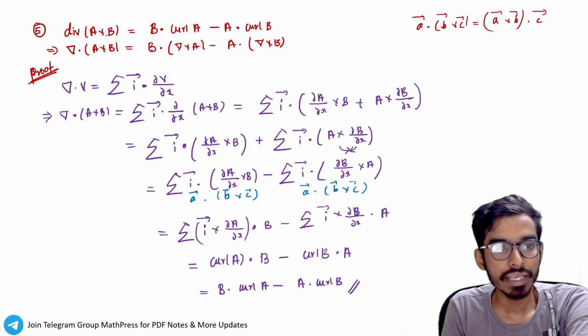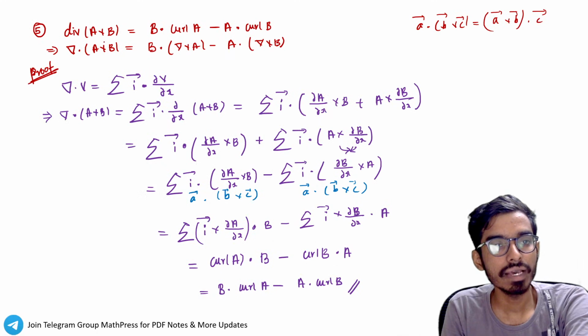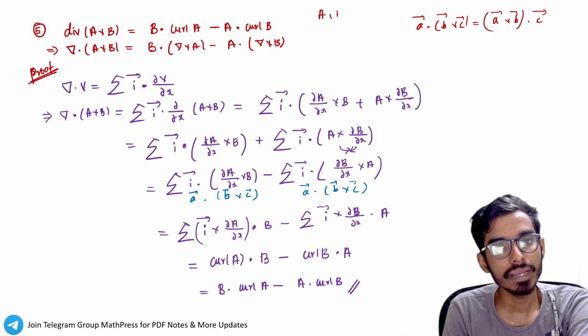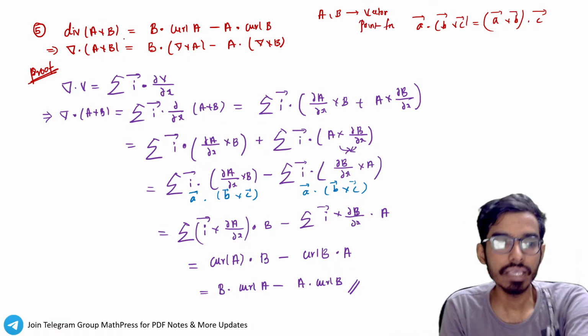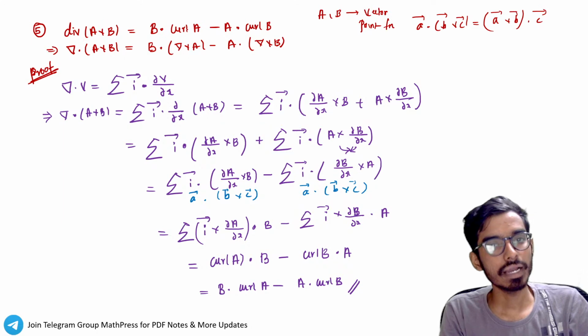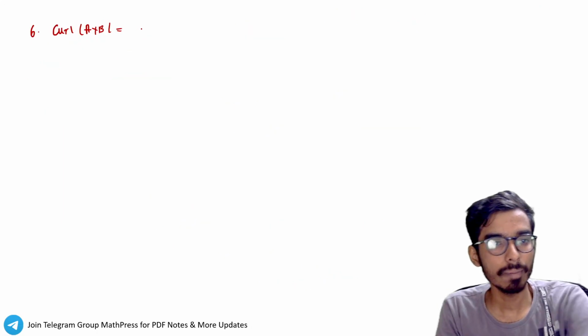Now we are taking A cross B. A and B both are vector point functions, right? I'm applying divergence to it and curl to it. So now I'm going to apply curl to it.